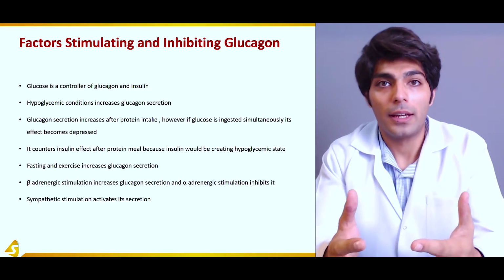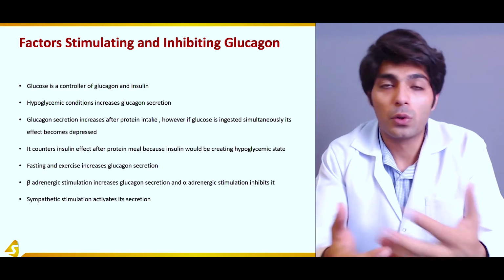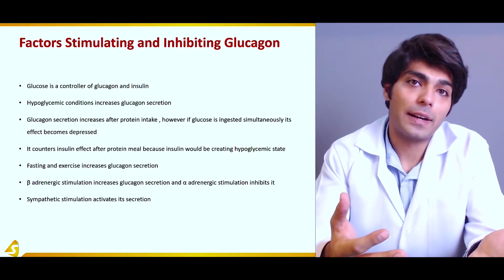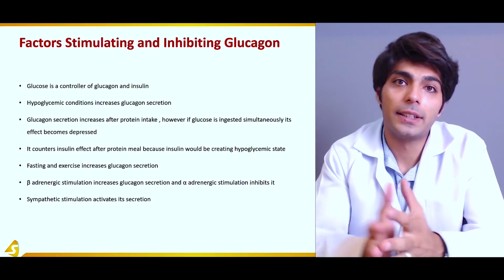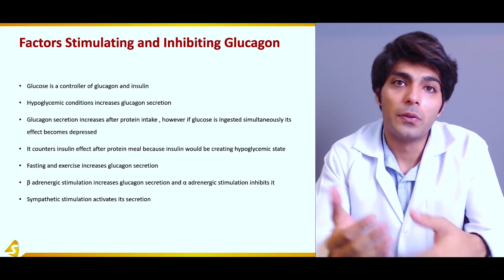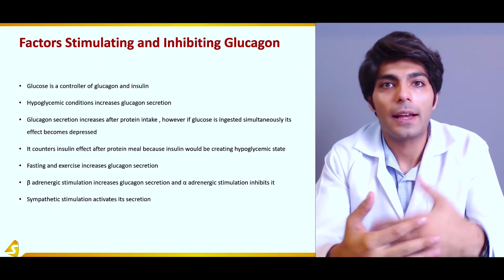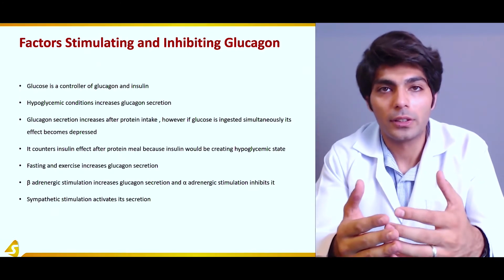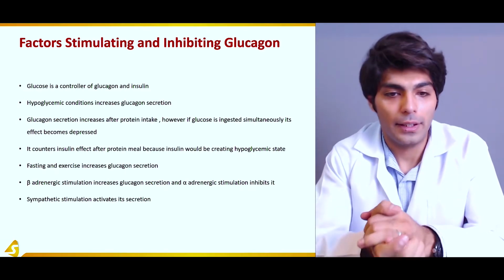The proteins which were stored before during the effects of the insulin in the skeletal muscle and in the liver start to reverse their process by the release of glucagon, performing glycogenolysis and gluconeogenesis, causing the release of the proteins and also the release of the glucose into the blood.